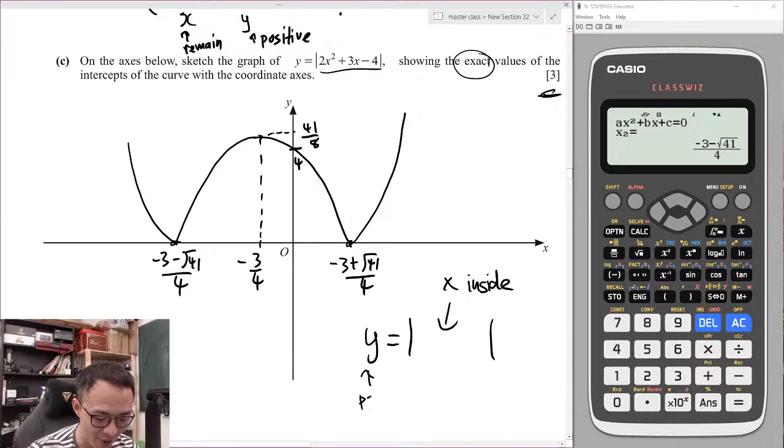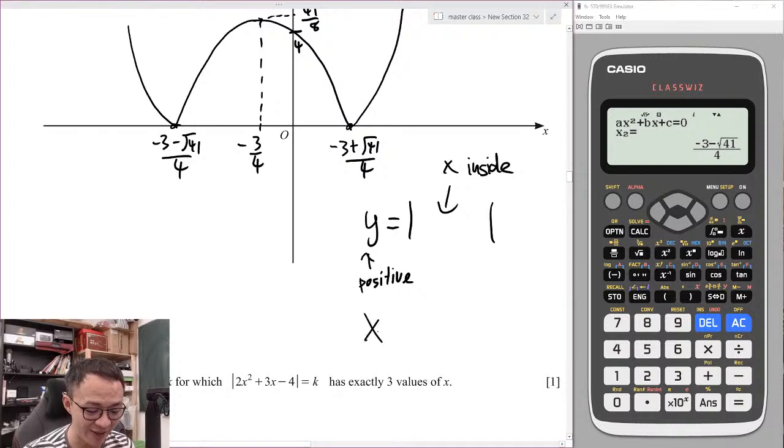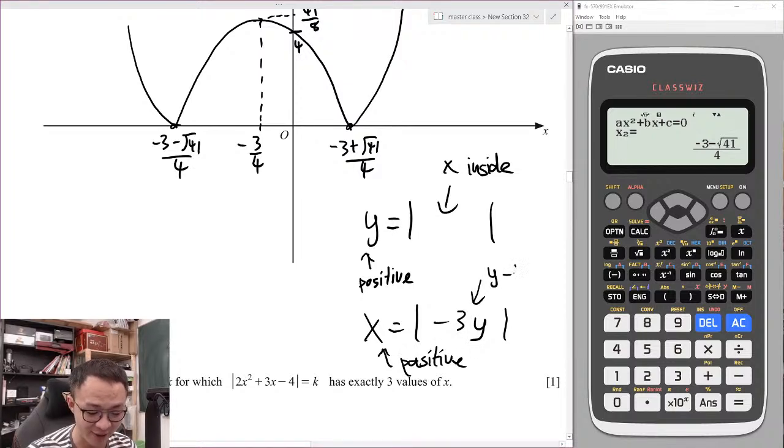This is y positive, not x positive. Because some students will think, oh, the x is inside the modulus, so x must be positive. No. Unless today you have x equals modulus of something with y, then I can say x will always be positive. Because right now, y is the one inside here. So it's a different concept here.